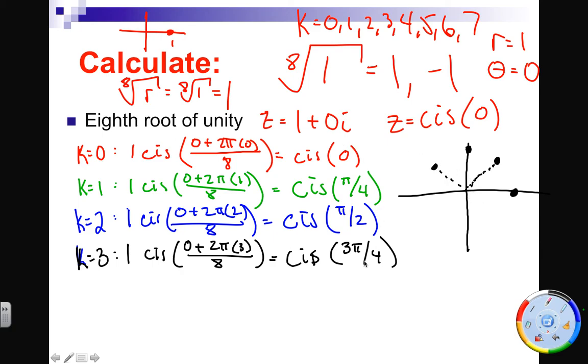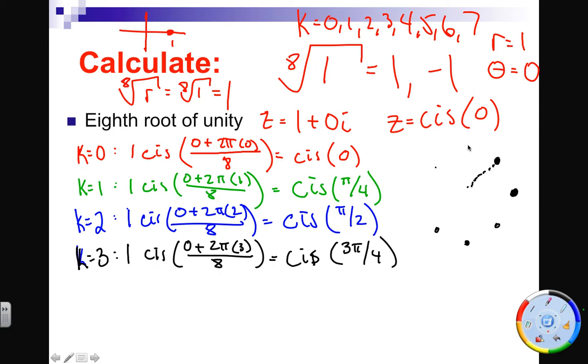And we've only done 4. That's 3 pi fourths. Where do you suppose the next one's going to go? Well, we're going by pi fourths. The next one better be here, and then here, and then here, and then here. Now, I'm just using symmetry. I started here and broke the circle up into 8 parts, which is the 8th root, by the way. But what I want to show is what these numbers actually are.